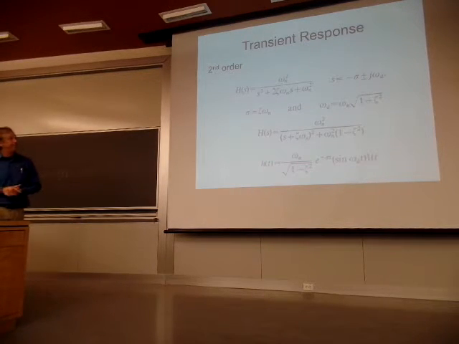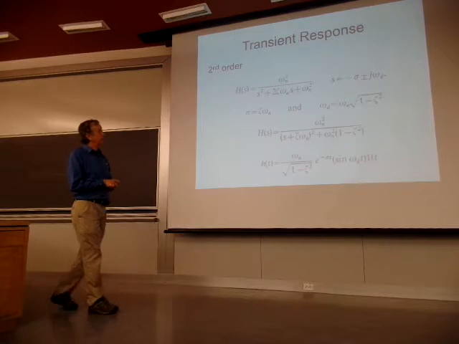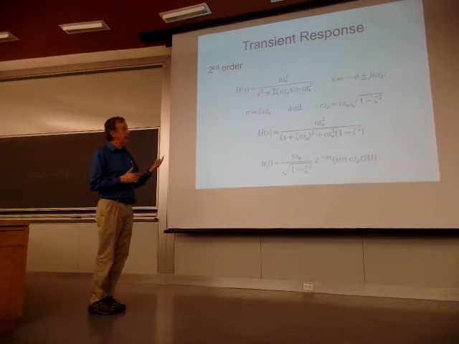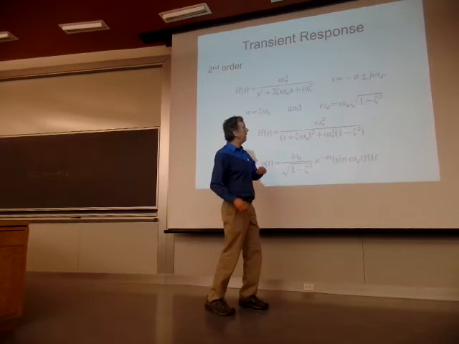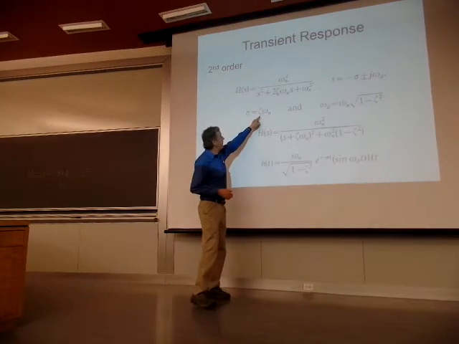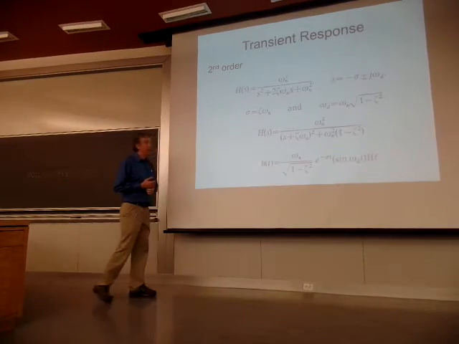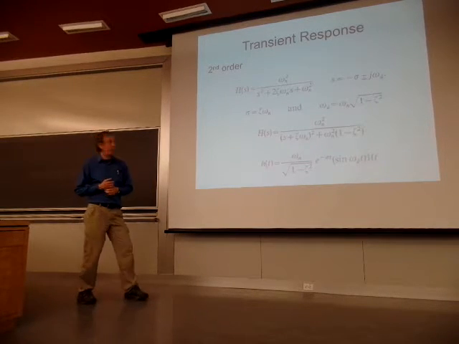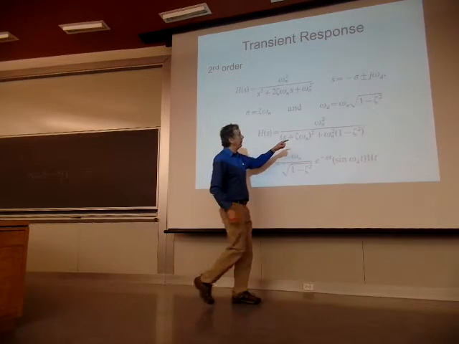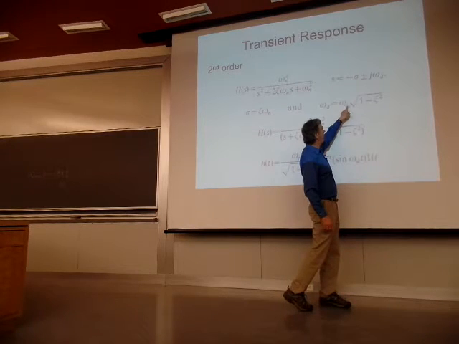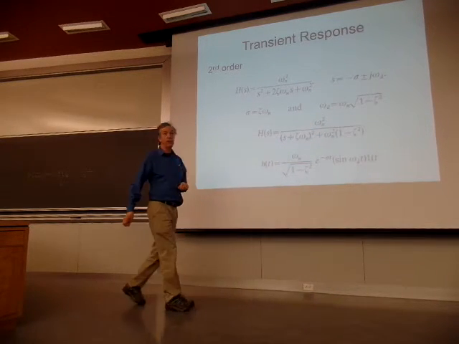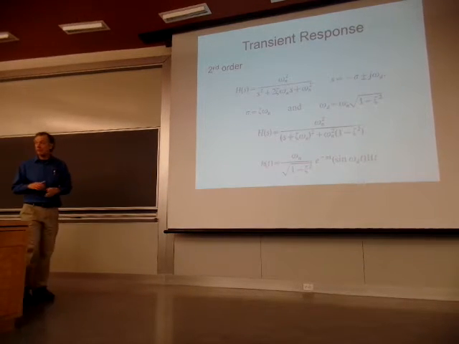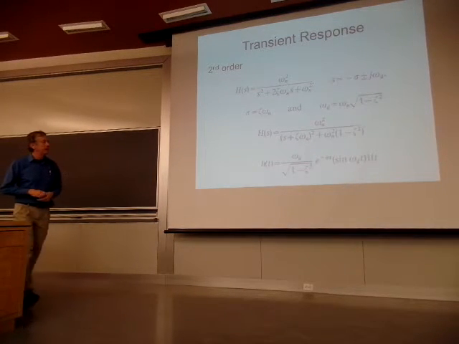Second order. Well, second order roots have a real part and an imaginary part, which are sigma and omega d. Sigma is the damping ratio times the natural frequency. Omega d, the imaginary part, is what we call the damped natural frequency, which is the natural frequency times the square root of 1 minus zeta squared. Hopefully you remember that relationship.